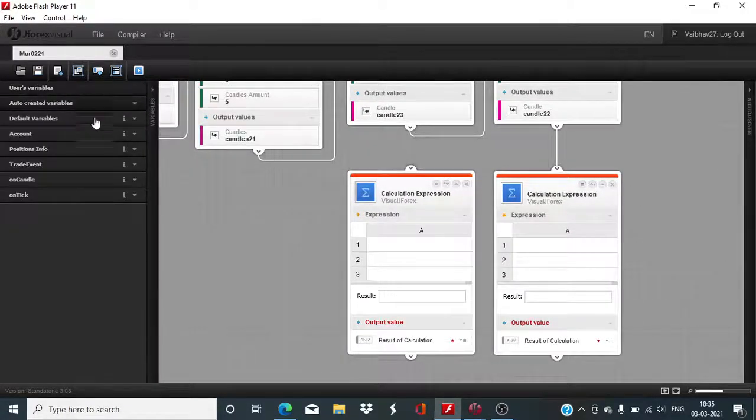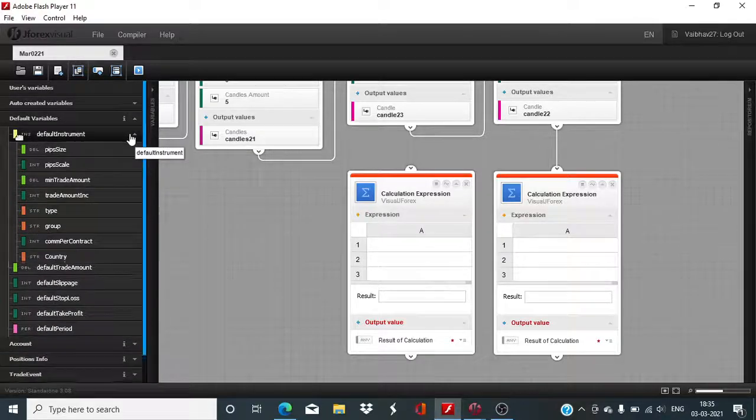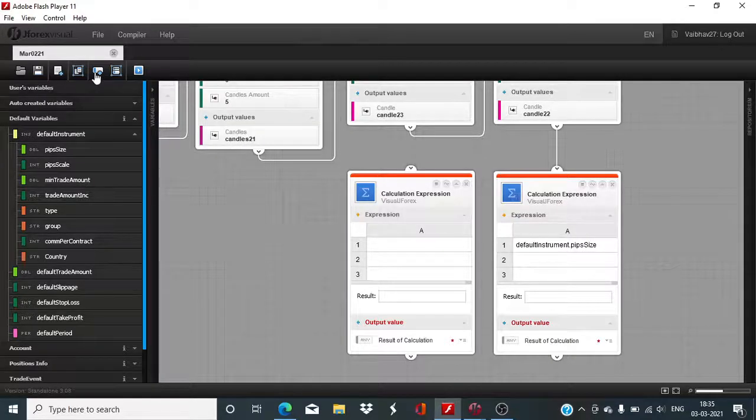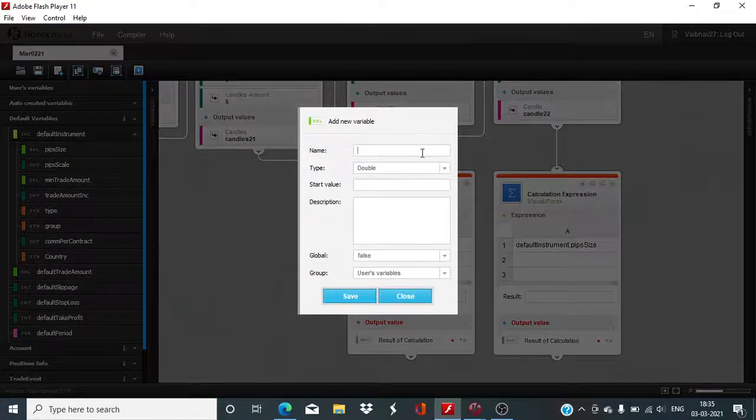For that, we will have to first define the 10 pips, and that's fairly simple. All we have to do is take the default instrument pip size and then multiply it by 10. For that, we have to create a new variable, pip difference 10 pips.